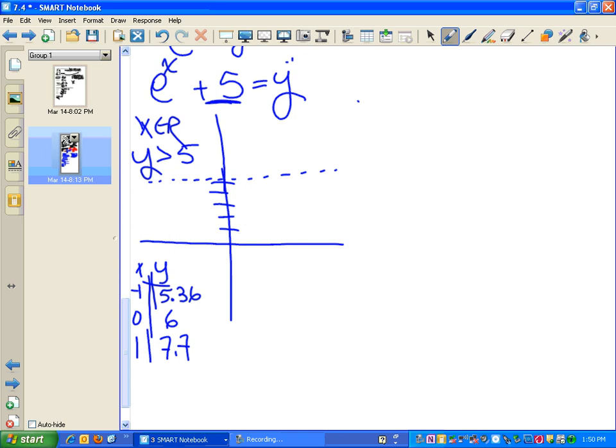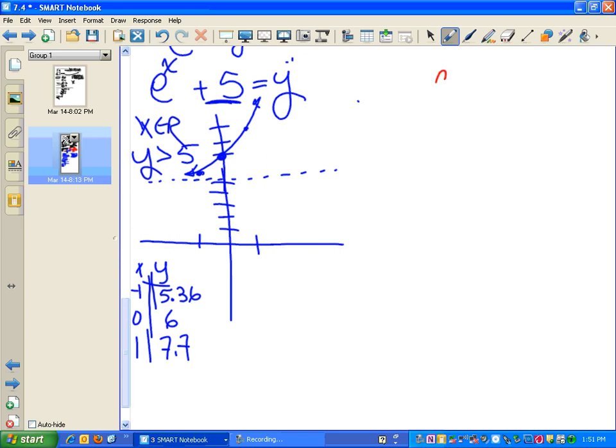And it's growing, so at -1, I'm a little bit above 5. At 0, I'm at 6. And at 1, I'm almost at 8. So this was the exponential, correct? Well, the exponential is the inverse because we were given the logarithmic.